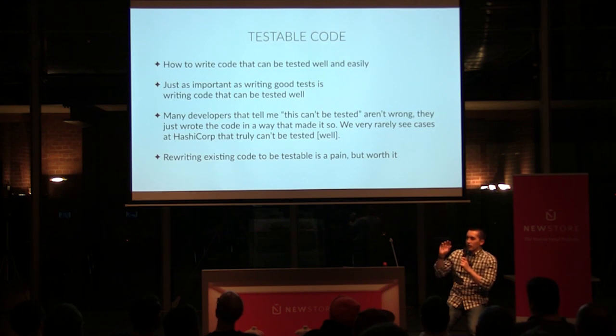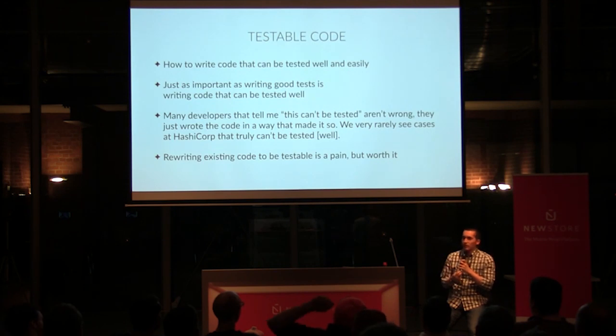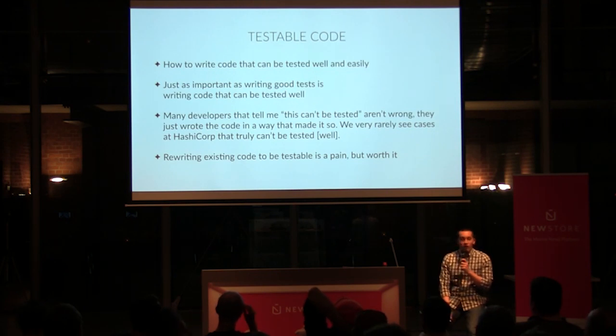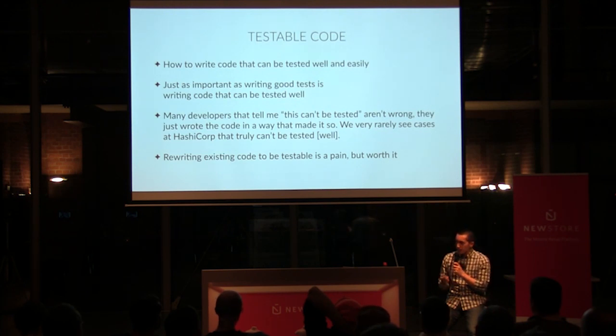Writing testable code is an important thing that I'm putting together another slide deck on, which I want to give internally at HashiCorp, and it'll include a lot of the stuff I talk about here. A lot of it requires rewriting components or large sections of your code, which is really painful, but generally worth it due to the stability you get out of it.